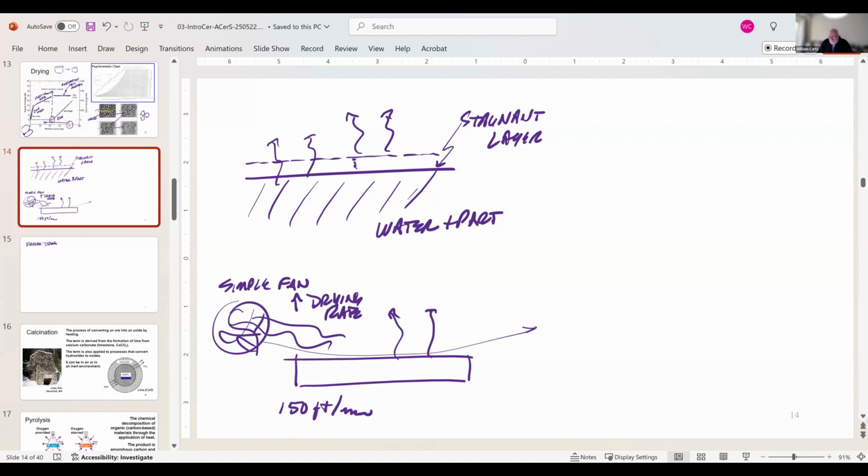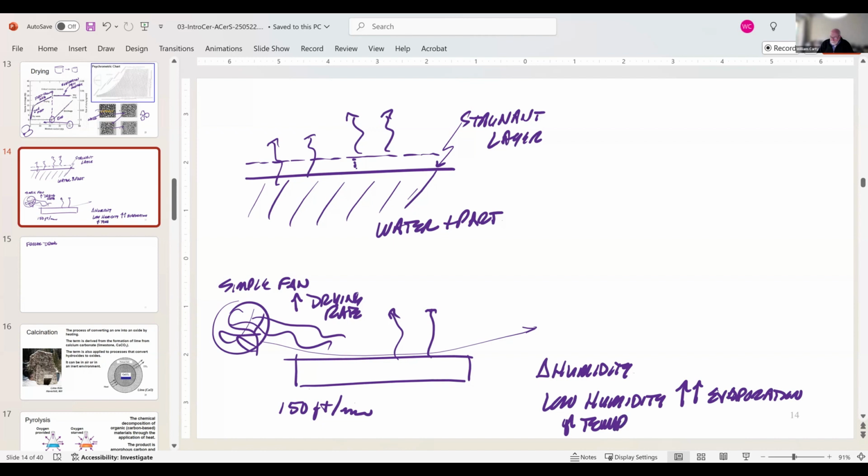Now, what's the motivation for evaporation? It's going to be a change in humidity. So if I have low humidity, I get faster evaporation. And if I increase temperature, I increase evaporation.